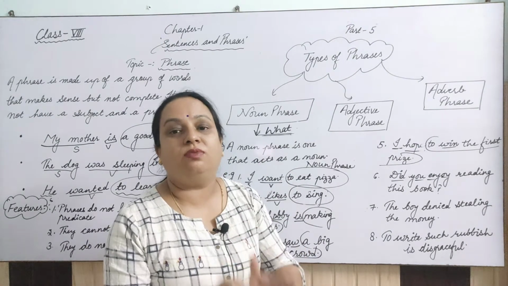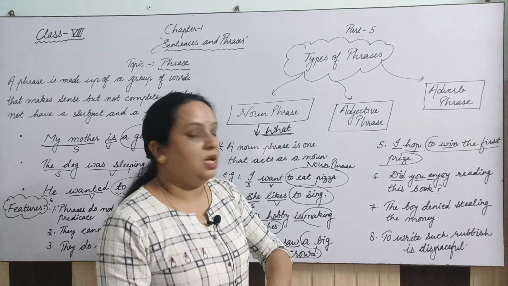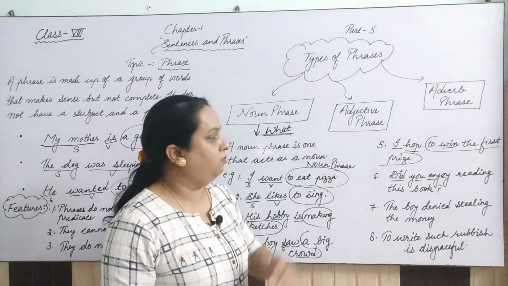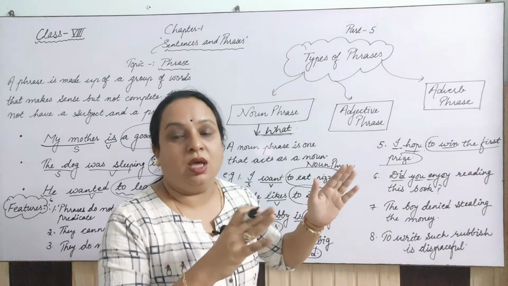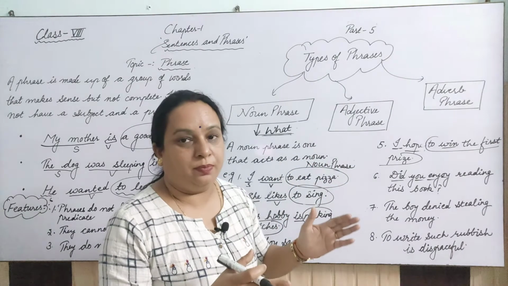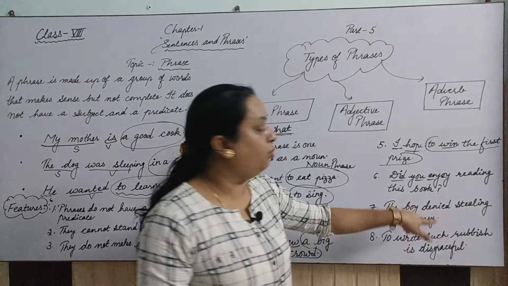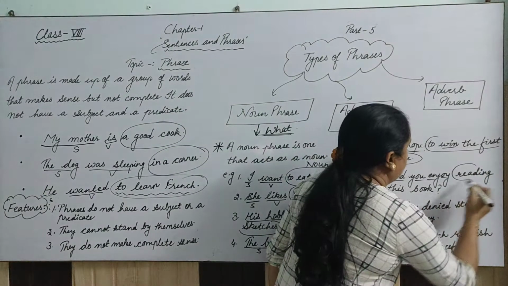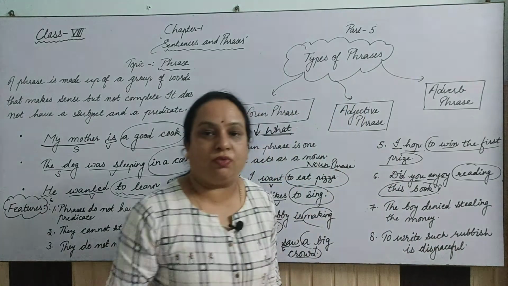That is a non-finite verb, and we will learn about that non-finite verb in the next chapters. Right now you have to learn that this reading is not working as a main finite verb here. So this is a non-finite verb. Now reading this book is what? That is a noun phrase. Reading this book is a noun phrase.